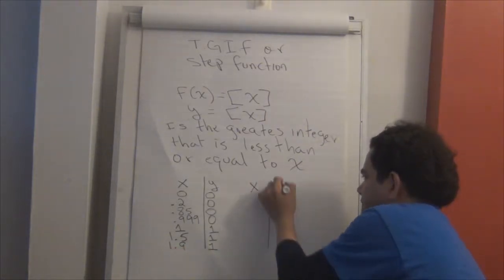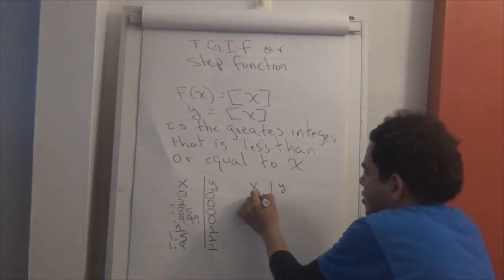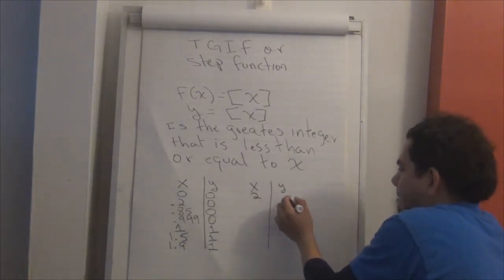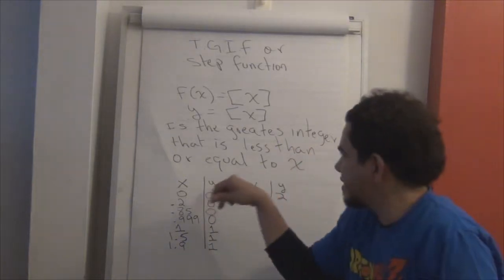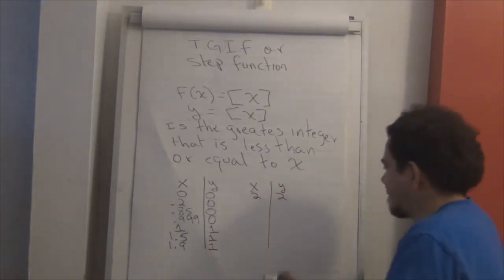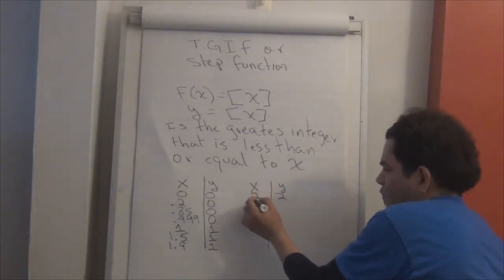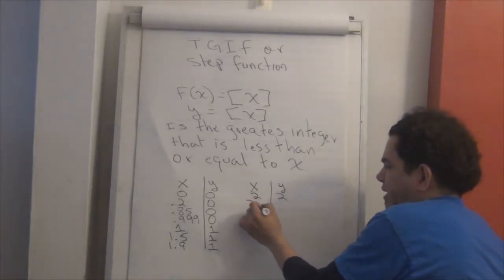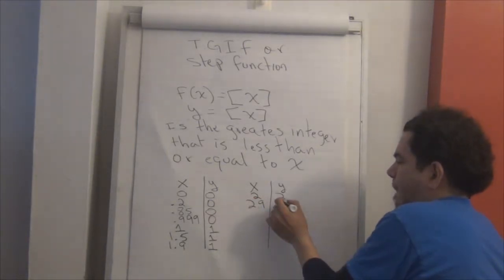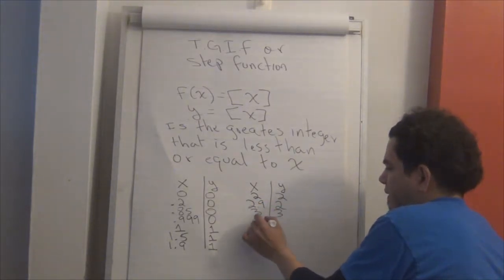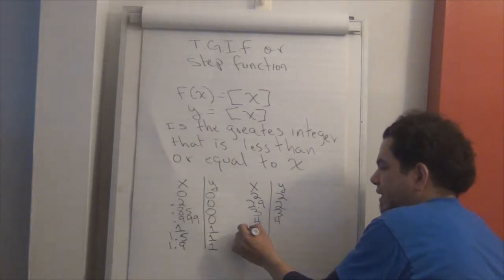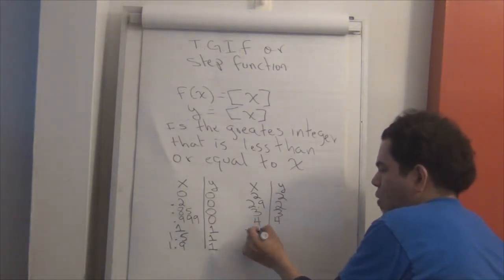Continue over here. If x is 2, well, what is y? It's 2 because 2 is the largest integer that is less than or equal to x. Okay. And then, when x is 2.9, what is y? You got it, it's still 2. How about 3? 3. 4? 4.